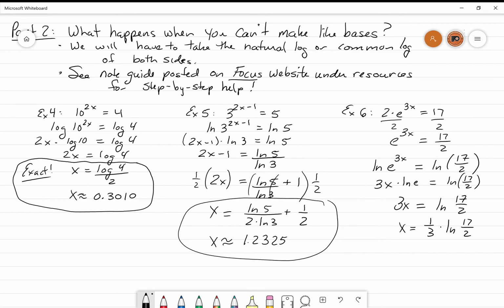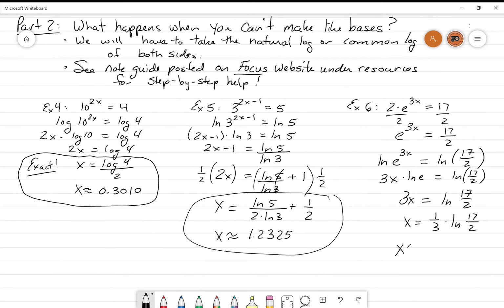If you type that into the calculator, the final answer as an approximate is 0.7134. That concludes our second part of our homework.